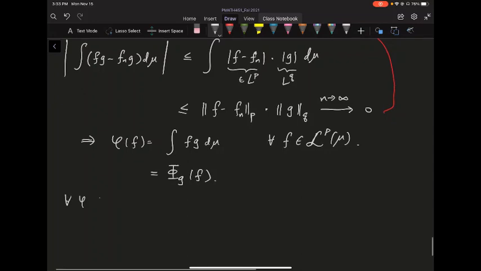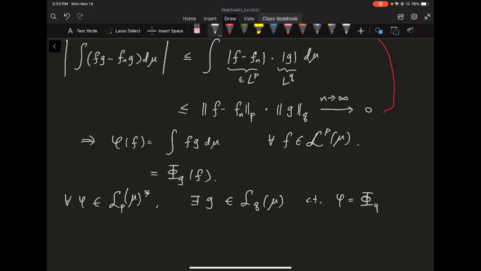For every φ inside the dual space of L^P(μ), I can always find a g inside the L^Q space so that φ is equal to big Φ of g. In other words, this big Φ is going to be a surjection. Okay, so it's an onto map basically.